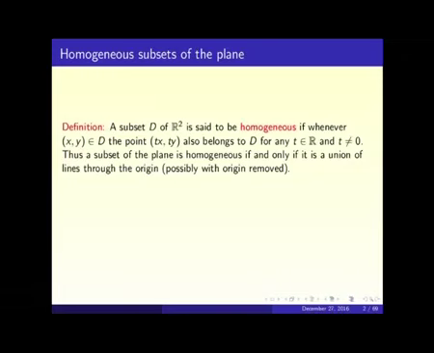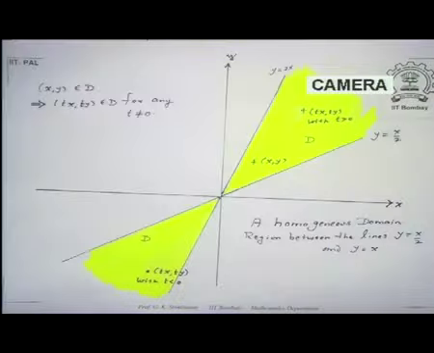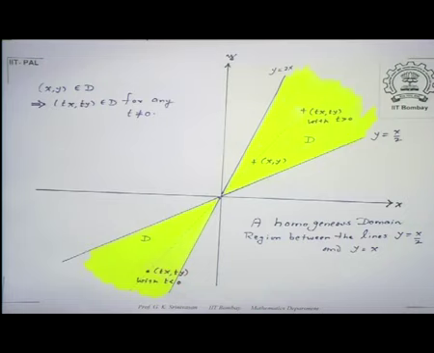Now let us see a few examples of homogeneous domains, but before that let's look at the picture of a homogeneous domain. Here you see a homogeneous domain shaded in yellow. It is the region between two lines y equal to x by 2 and y equals 2x. The region between these two lines has been shaded yellow in the first quadrant and the third quadrant.